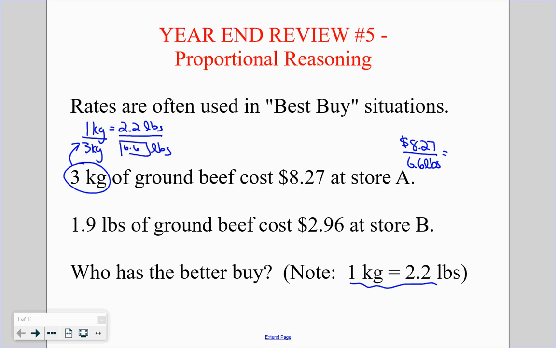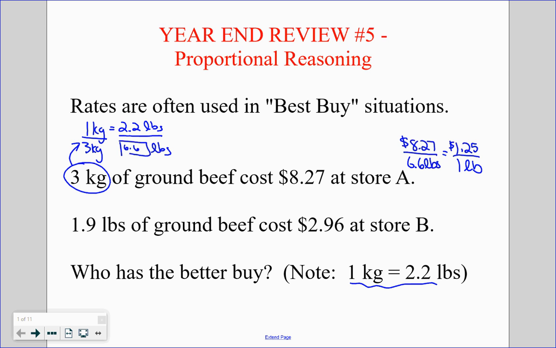Now if I divide those two numbers, so if I go 8.27 divided by 6.6, I'm just going to punch that in. I get out 1.25. So what that represents is $1.25 for 1 pound. So that's my unit rate.